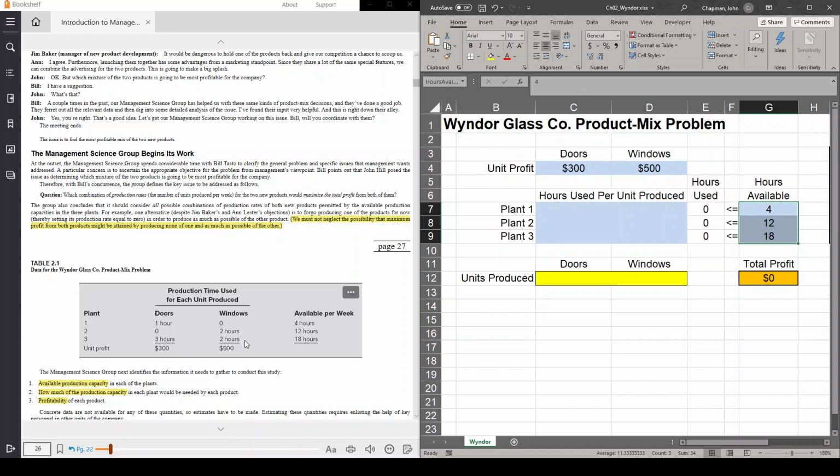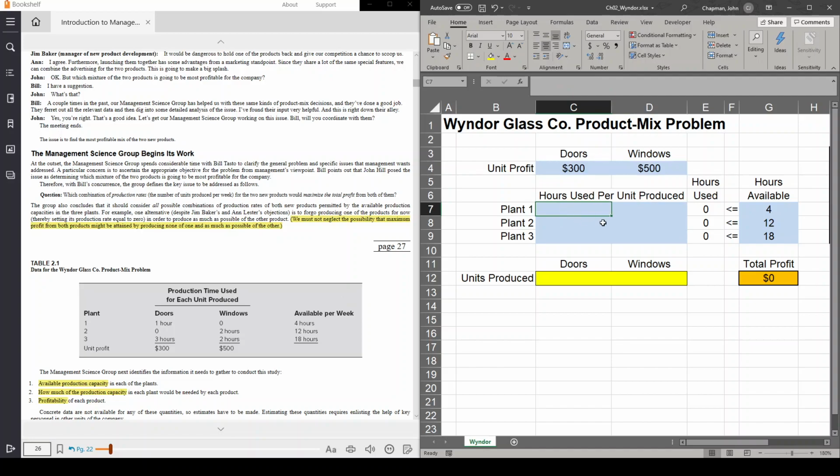Now what's left is to identify the hours used per unit produced for both the door and the window. And again, this information is provided, right? This is what the company went out and found. I think Bill was the guy who came in and helped provide this information from his group. In plant one, they would use 1 hour of time to produce each door, right?